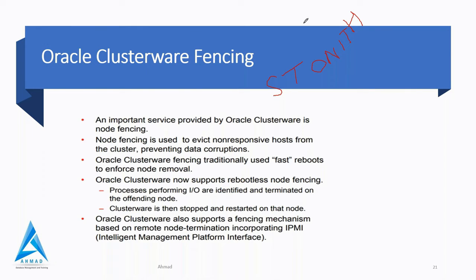In that, cluster integrity is basically about a split brain scenario. Whenever it occurs, it should be prevented. Okay. So for Oracle Clusterware, this means that a local process enforces the removal of one or more nodes from the cluster, and this approach traditionally involved a fast reboot of the offending node.